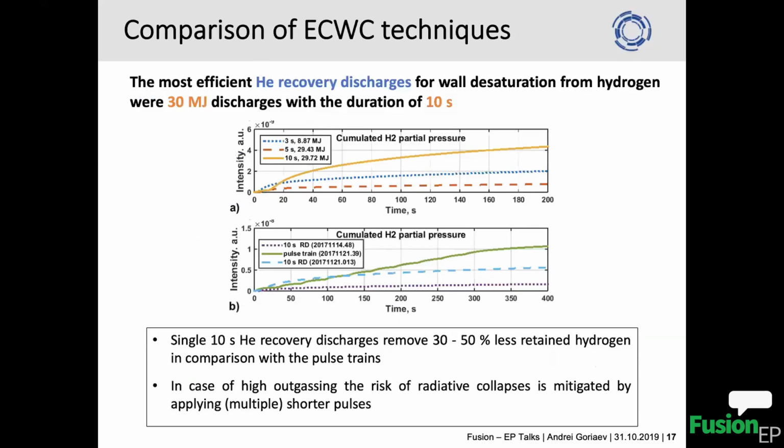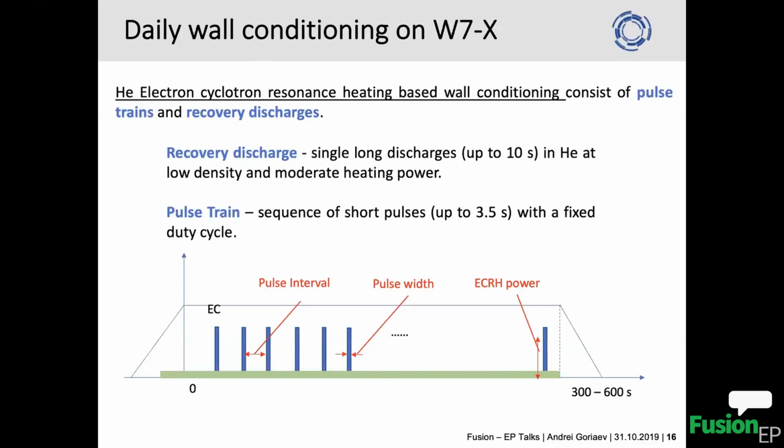Can I ask a quick question? Yes. It might be a bit of a stupid question, depending on your answer. If ECRH is the only heating method on W7-X right now, what is the difference between ECRH pulses as glow discharges with helium or, say, with hydrogen, and a so-called stellarator discharge with hydrogen?